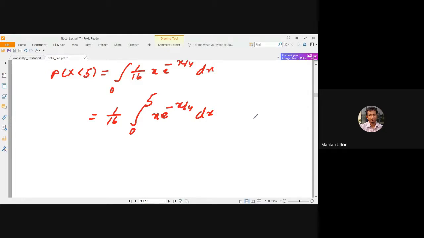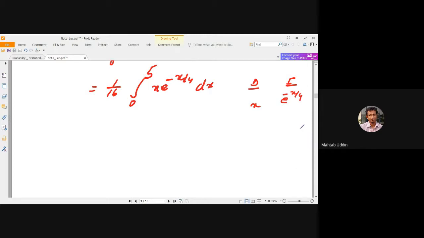The differential part is x, the integral part is e to the power minus x by 4. If we differentiate x, the first time it is 1, the second time it is 0. If you integrate, the first time I get minus 4 e to the power minus x by 4. Once again, 16 e to the power minus x by 4.